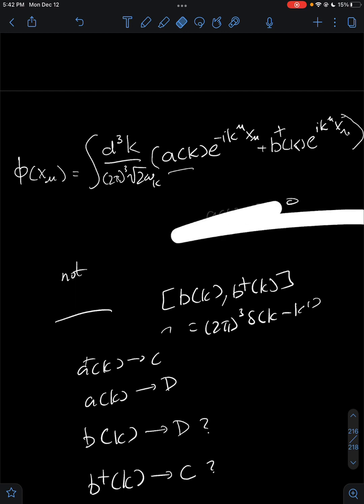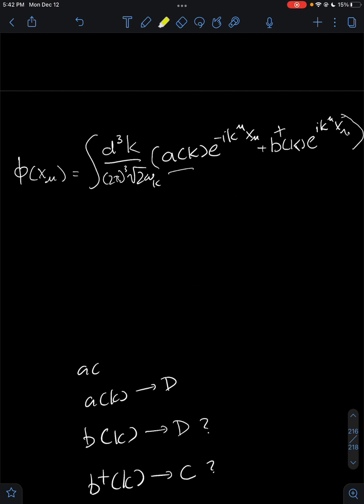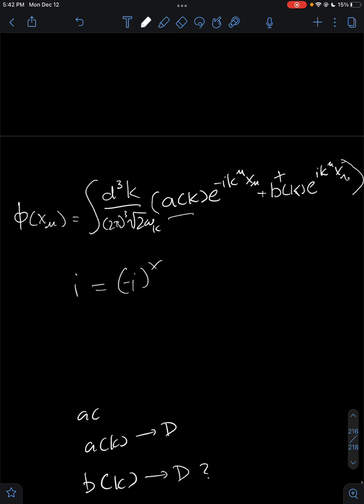Well, by writing b(k) as b†(k), essentially we are taking b(k) to be a conjugate of something, because we can write any complex number as the conjugate of something. Like i is the conjugate of negative i. So you're basically just writing b(k) as the conjugate of something. That's why we're still allowed to write it like that and keep our complex scalar field.